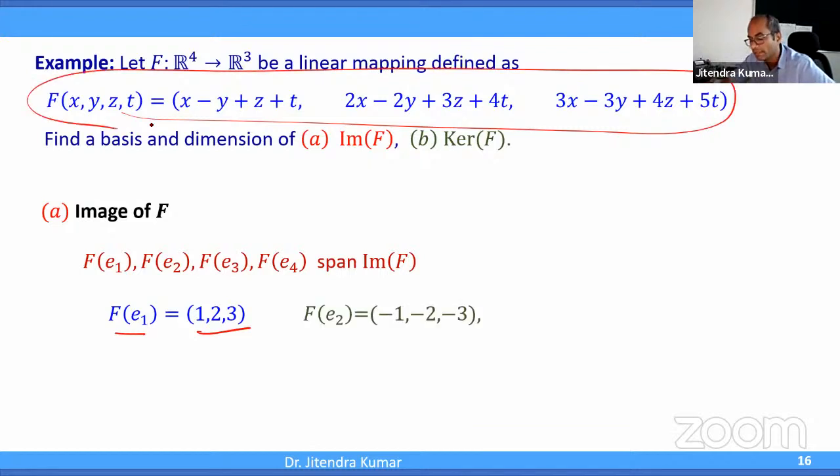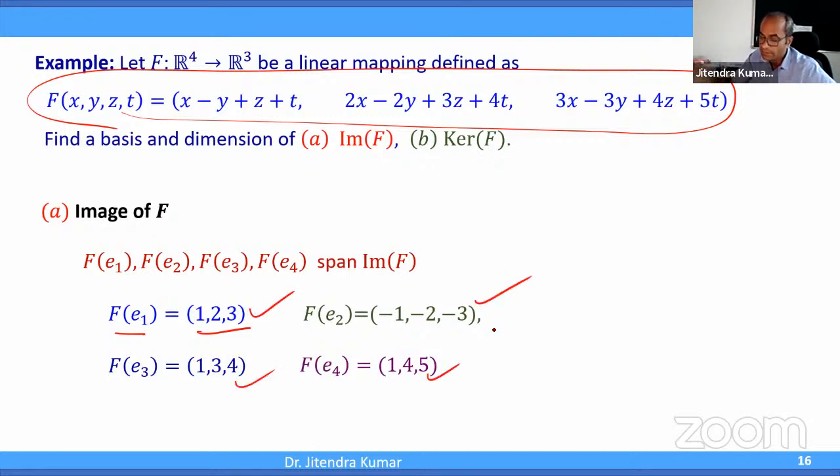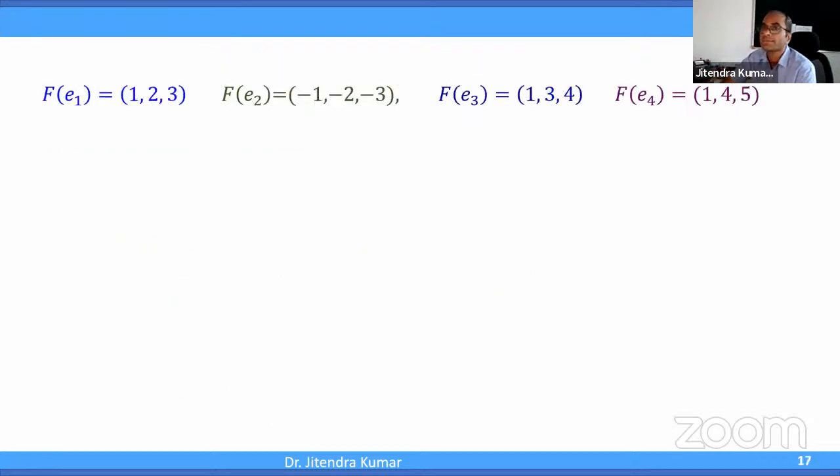So we have these four vectors which span the image, and these may not be bases because this is just a spanning set. We need to find the linearly independent spanning set, because these vectors may be linearly dependent.